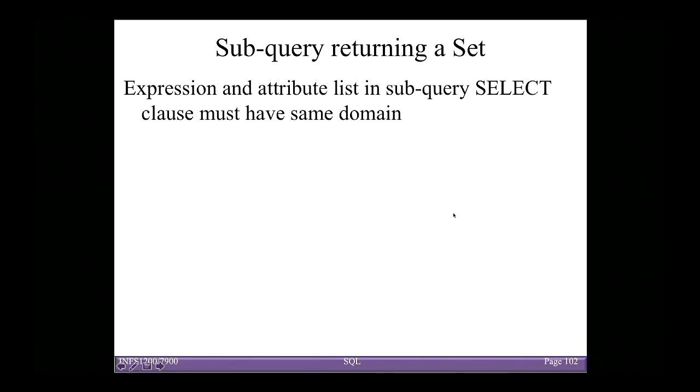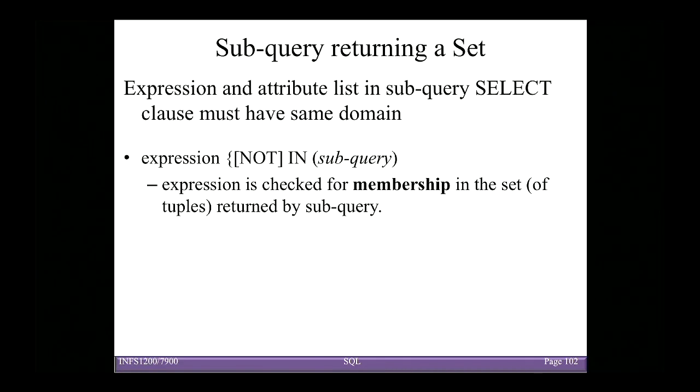Expression and attribute list in the select clause must have the same domain. So your inner query is going to return a set of values, and you're going to check whether the value you're looking for is within that array of values or not. So it's like a membership check, right?